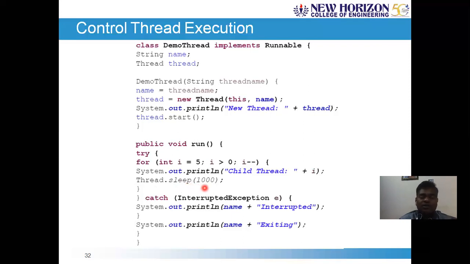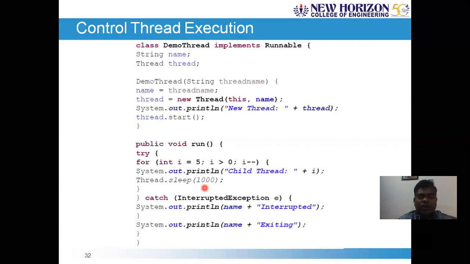Otherwise, all the things will happen together and you will not come to know what happened inside and how we are getting this output. So in order to understand that internal process, you should make a thread sleep for some time. So here we are mentioning 1000 milliseconds.